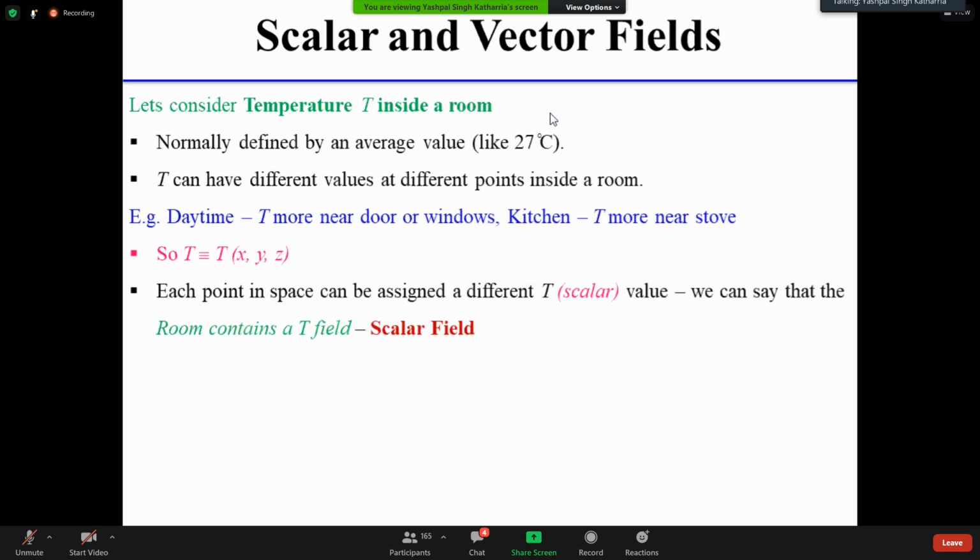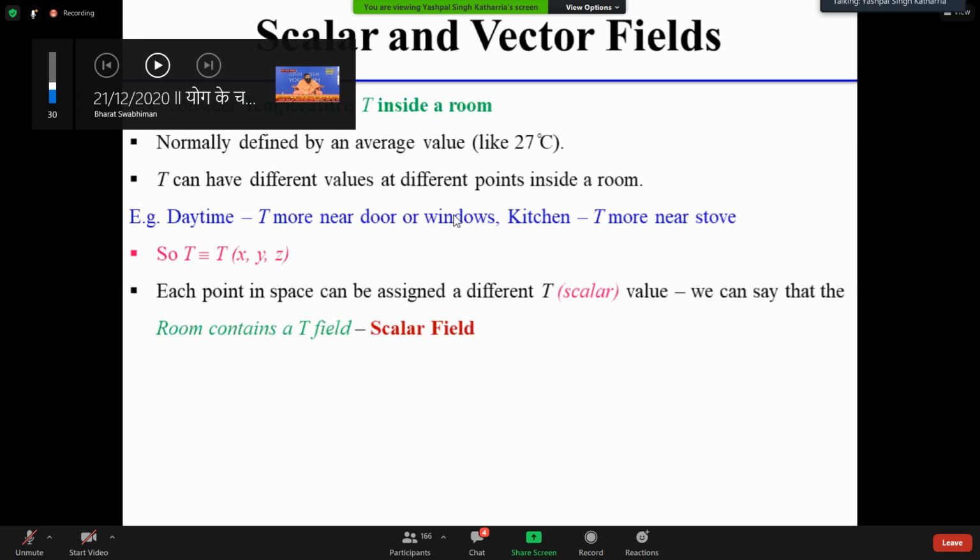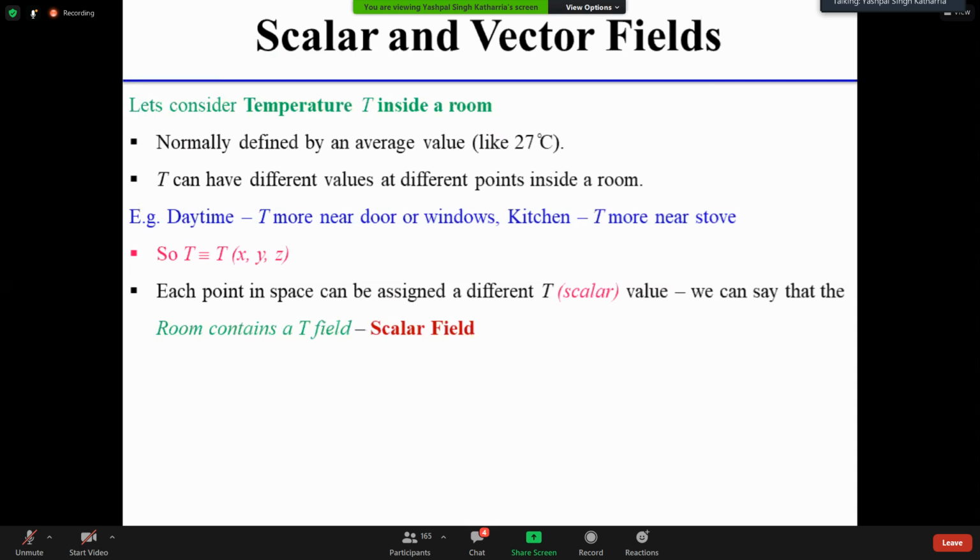For example, in the daytime, temperature could be slightly more near the doors or the windows, and could be lesser as you go inside the room. It is very well observable in a hot summer, when you try to run into the room as quickly as possible and close the door.